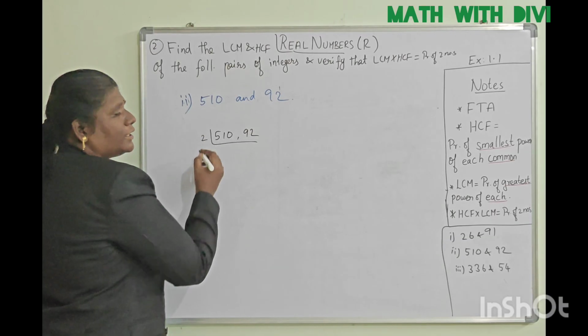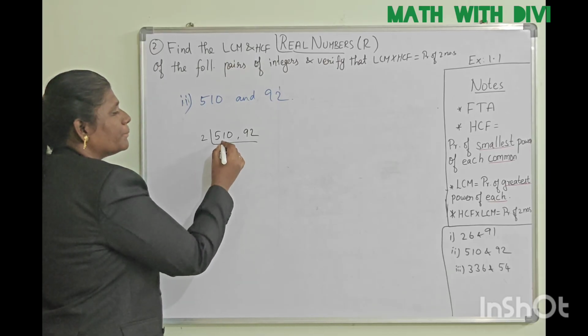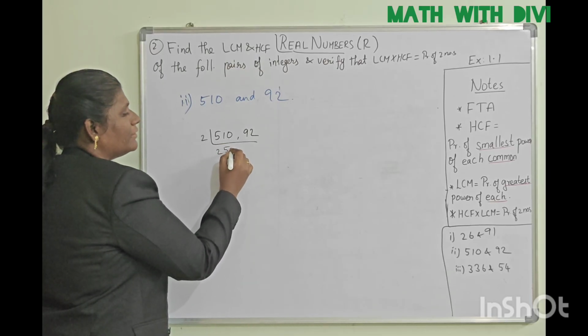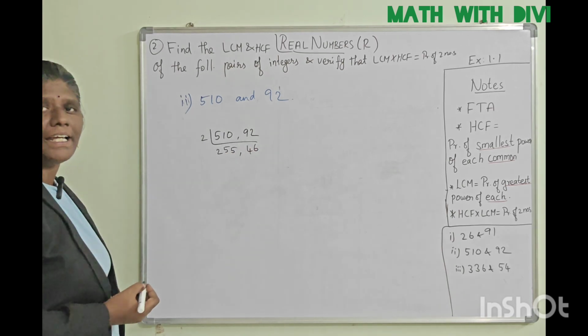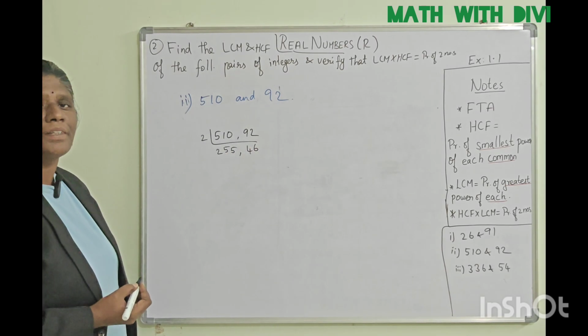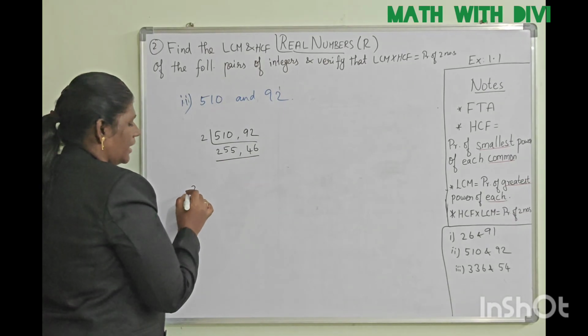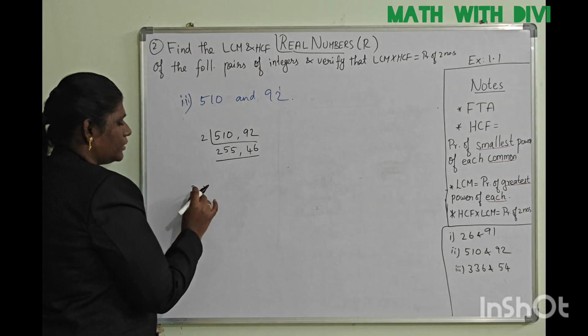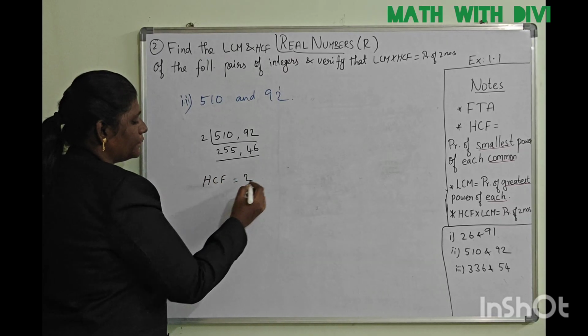Okay, let me take 2 because both are even numbers. 2 2s are 4. Remaining one, 5 2s are 10, right? Here 255 and 46. Is there any other common factor? No. Then we will stop here and HCF is equal to 2.